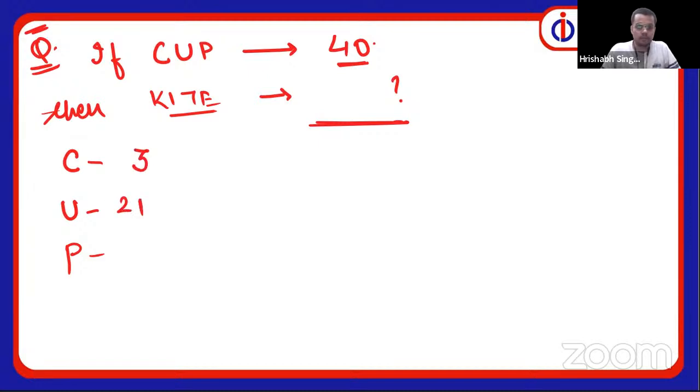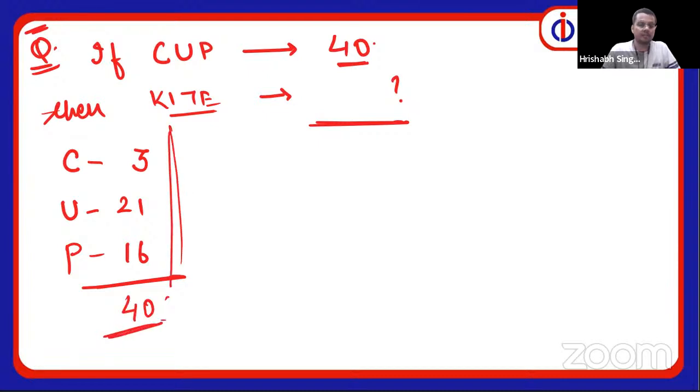U is 21 and P is 16. If you add the value of these positions, it comes to 40. So this is the pattern. The pattern can also be reverse: it may happen that the answer comes from adding reverse positions, but in this case it is not so; the original positions work.